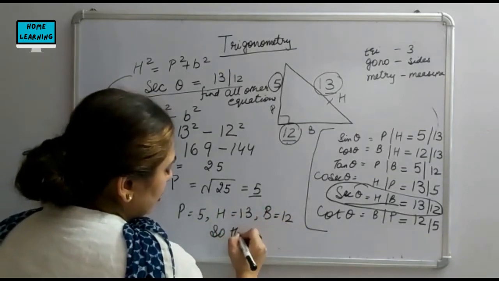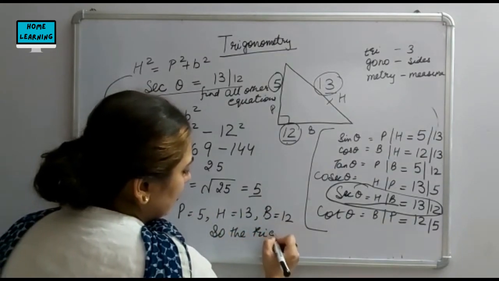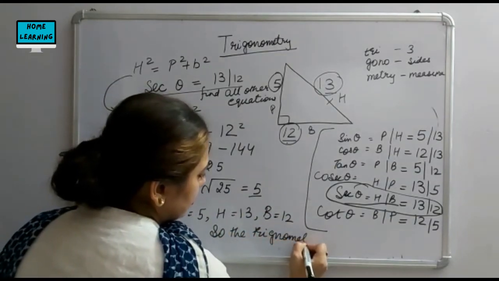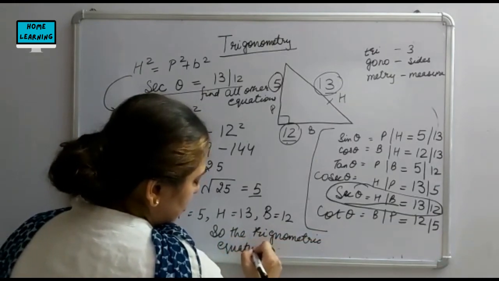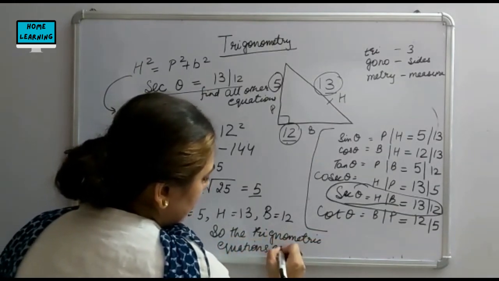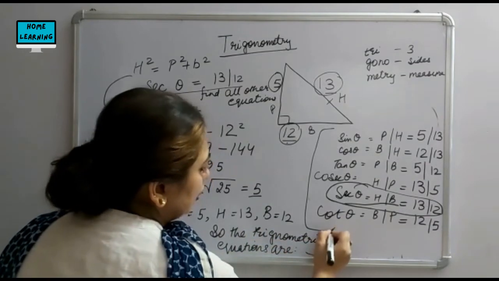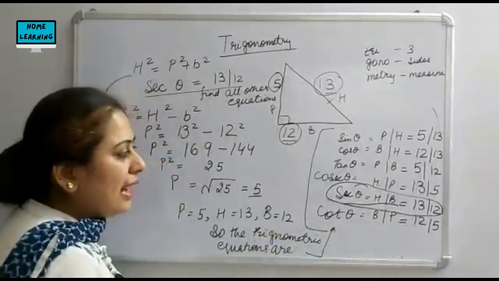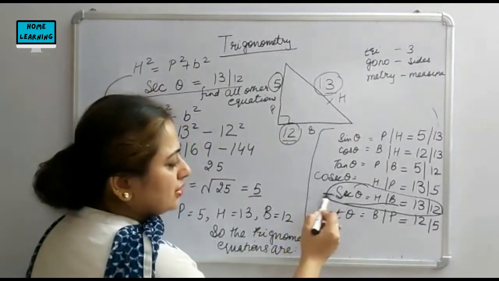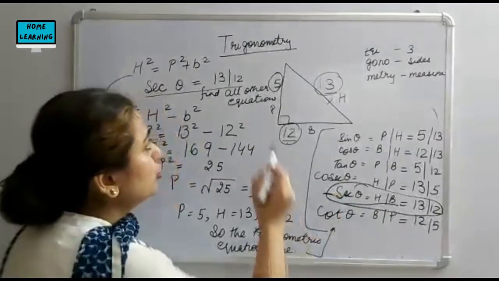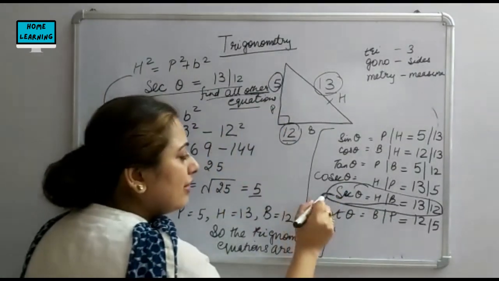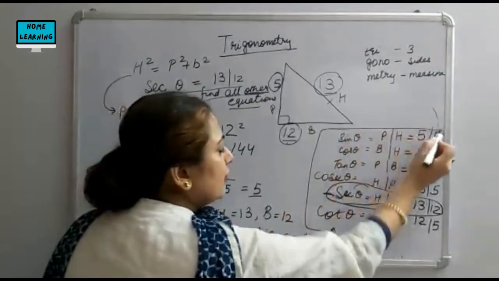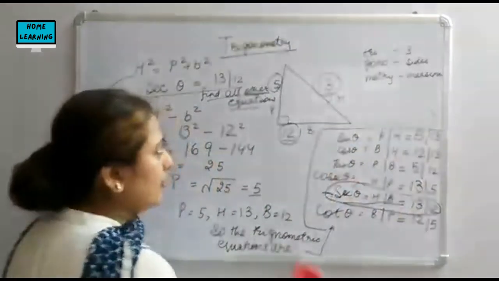So the trigonometric equations are, then you will do this. And don't forget to mention this, because your teacher has asked you to find all equations, all other equations. Still I have written this so that we can verify that we have done it correctly.